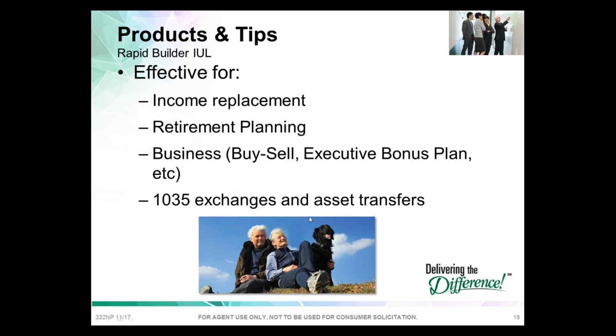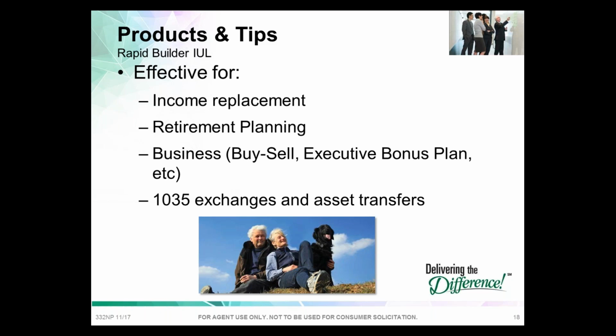And asset transfers. Actually, one of the sales concepts not written out here that's very popular for the Rapid Builder is like a smart money sale, where you're dumping a large asset transfer into the Rapid Builder, getting that death benefit protection and the leverage that death benefit protection provides. Again, until you reach maturity, that death benefit's always higher than the cash surrender value.